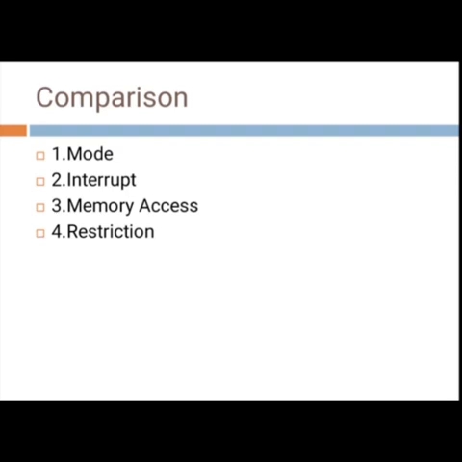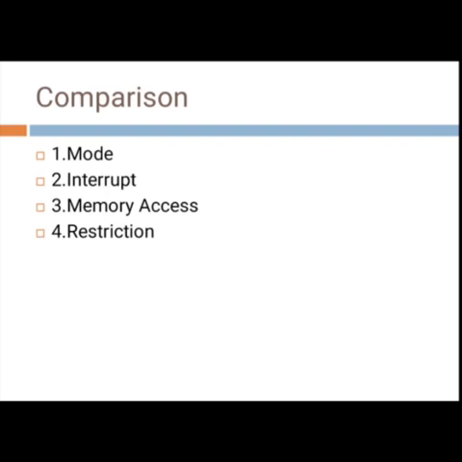If you are executing in user mode and you want to access kernel data structures or kernel programs, you cannot access them directly. But if you are in kernel mode or supervisory mode, you can access the common or user data structures as well as the kernel data structures and programs.